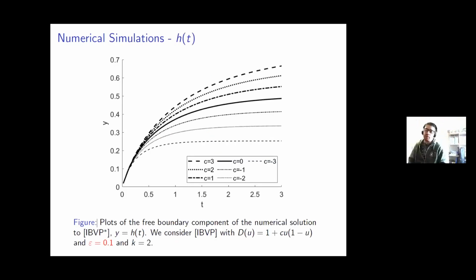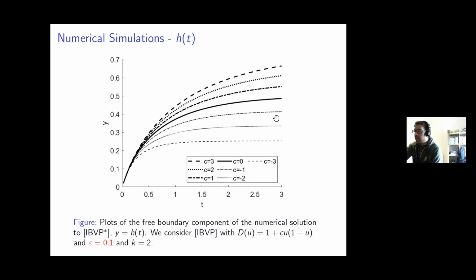Now, here are some plots of what h of t looks like for fixed values. We take epsilon to be equal to 0.1 and k to be 0.2, and we consider the same function d that we considered earlier. Here we can see from these graphs that we start off from t near 0, and these evolve to their steady state.